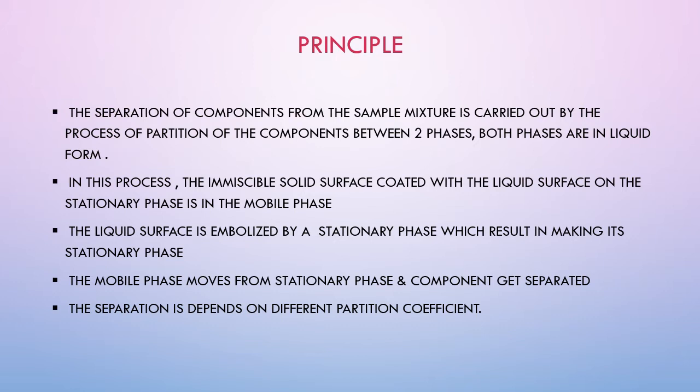In this process, an immiscible solid surface is coated with a liquid on the stationary phase, and the liquid surface is immobilized by the stationary phase. So only the mobile phase is mobilized, and it moves past the stationary phase.